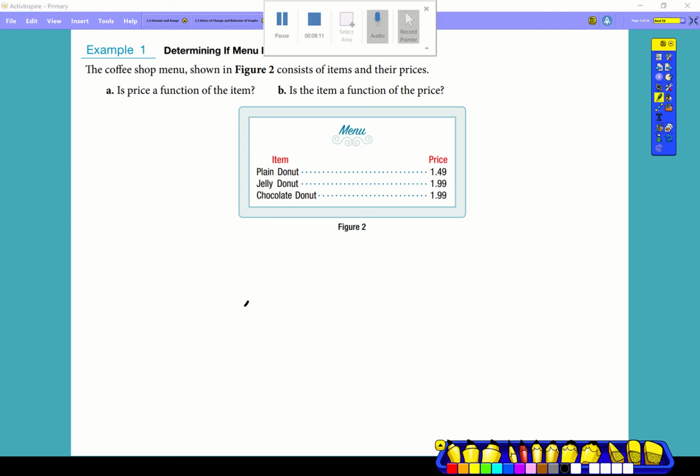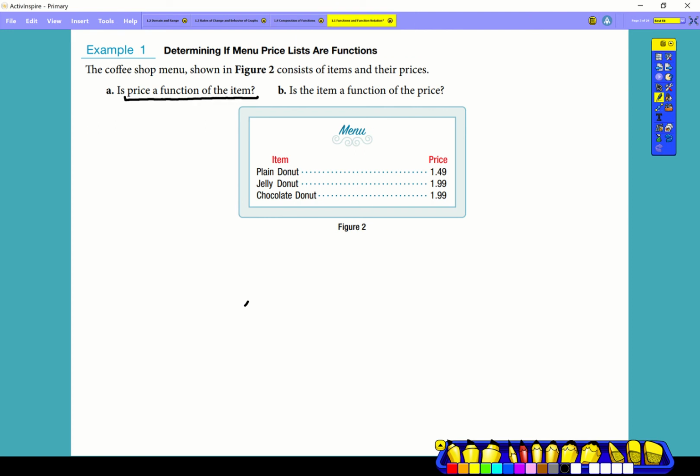To say that price is a function of the item would be to say that for every item we get one price. So when it's listed like something is a function of something else, this is going to be your range, and this is going to be your domain.